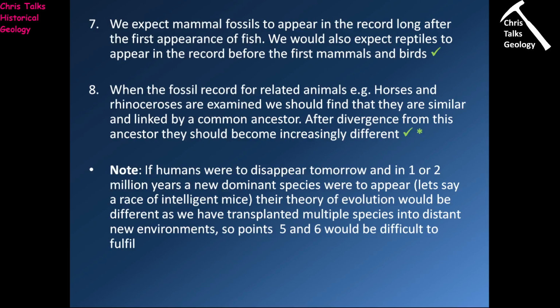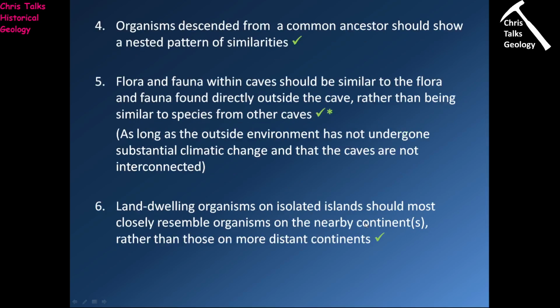We've transplanted multiple species into distant new environments. That would make point 5 and point 6 a little more difficult to fulfill, because human beings may have affected the flora and fauna outside the cave. And obviously, we've transported organisms into isolated environments where they weren't before. A classic example would be pigs being transported to Hawaii.